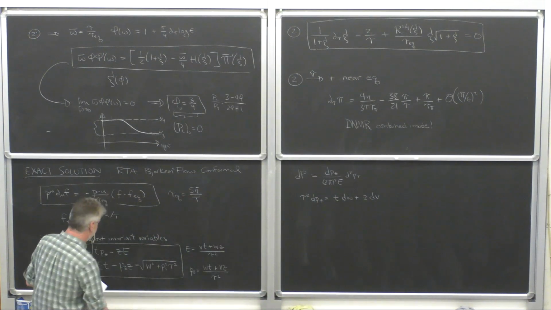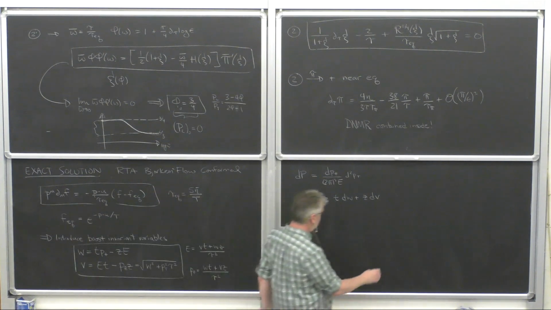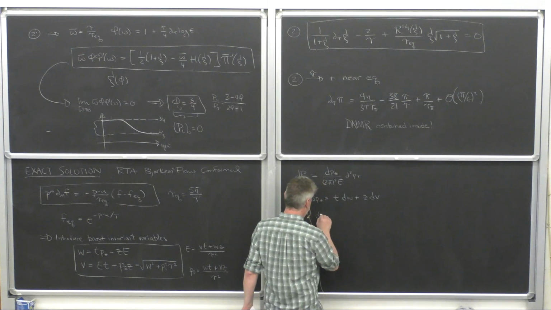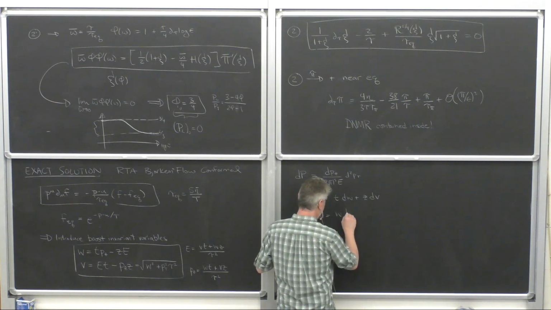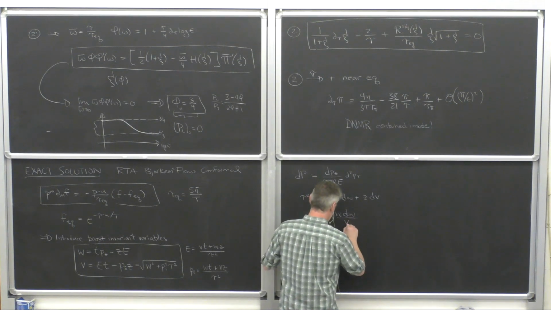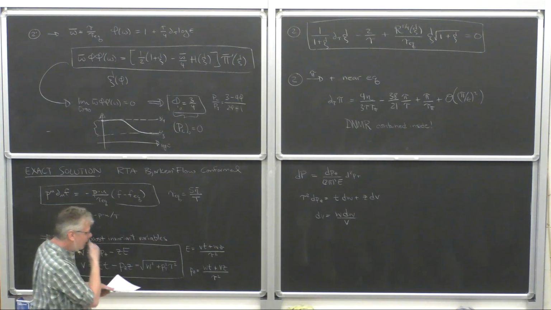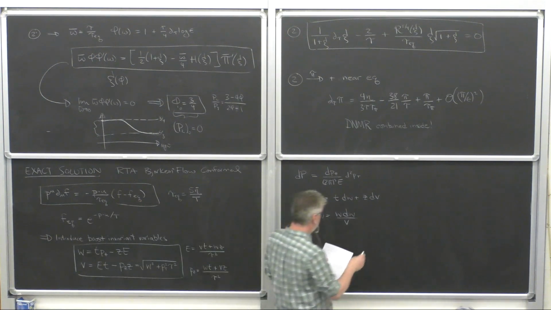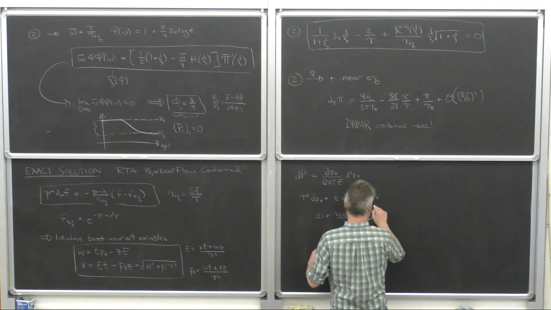And from the second relation down here, I have that dv is nothing but w dw over v itself. So I plug that in there.